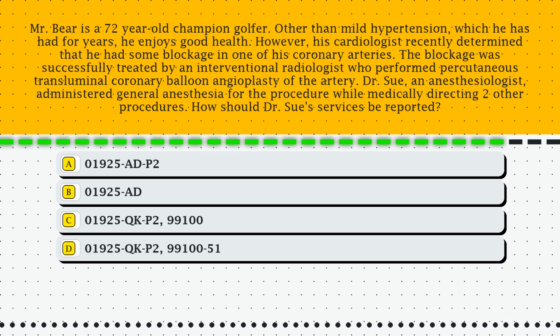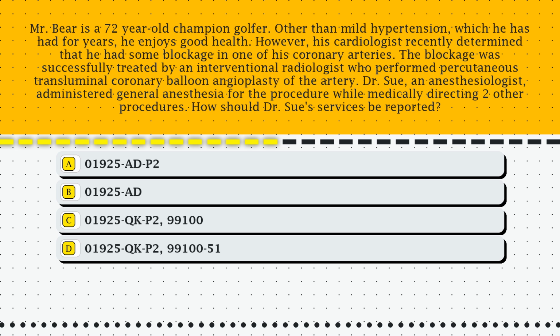Question 113. Mr. Bear is a 72-year-old champion golfer. Other than mild hypertension, which he has had for years, he enjoys good health. However, his cardiologist recently determined that he had some blockage in one of his coronary arteries. The blockage was successfully treated by an interventional radiologist who performed percutaneous transluminal coronary balloon angioplasty of the artery.